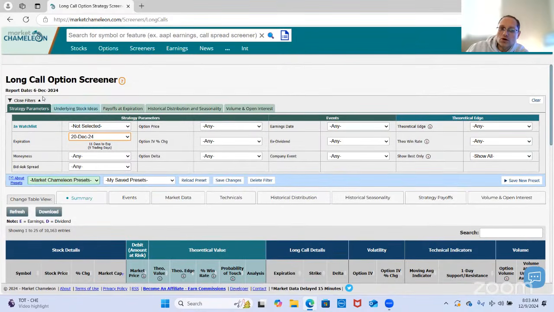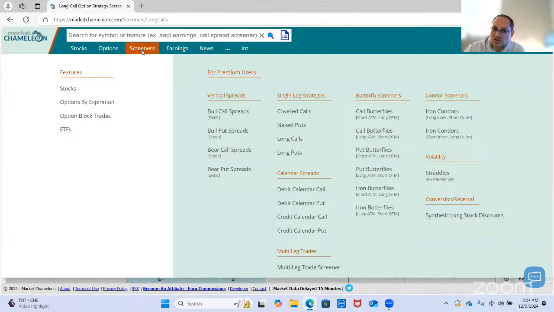So we will cover today our long call option screener, and this is a continuation from the previous show that we did last week. If you are looking for this particular page, it's up here under screeners from the main menu. If you move towards the right side, you see single leg option strategies, and it will be long calls.